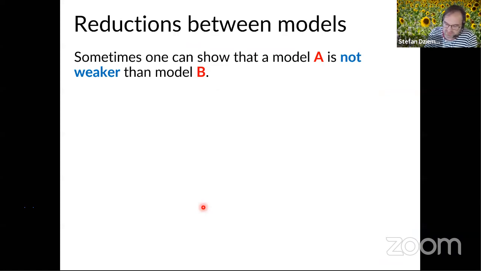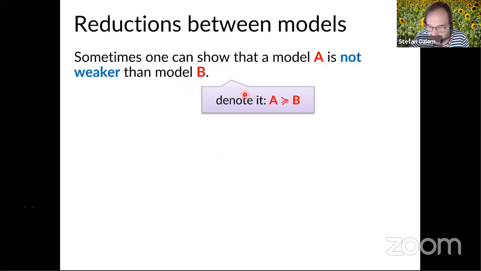The initial, simple observation is that sometimes one can show that one model is weaker than another model. Or it's not weaker: model A is not weaker than model B, or it's stronger or equivalent to model B, which we'll denote like this for the purpose of this talk.